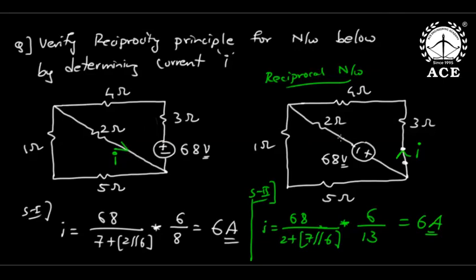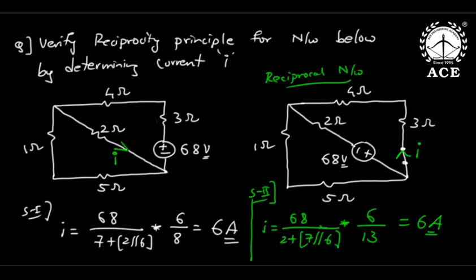So again in this branch, if current has to go down, plus should be down, because the source will drive the current down. Suppose you reverse the polarity of the voltage, the current direction will also reverse, but the ratio will come the same. Remember that. That ratio we need to prove actually.